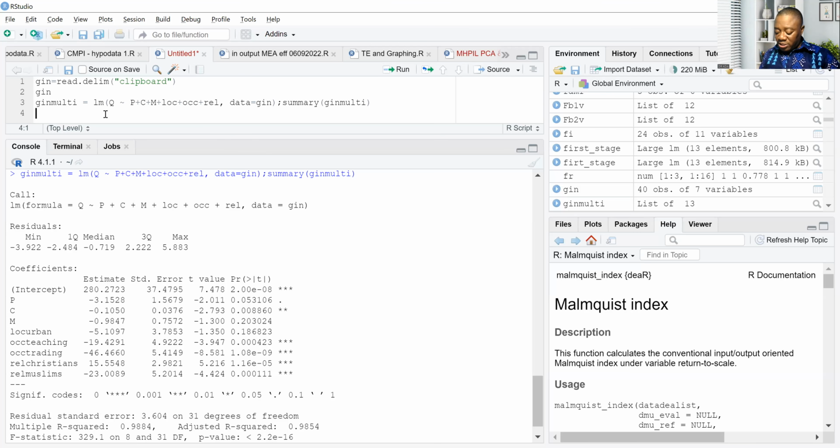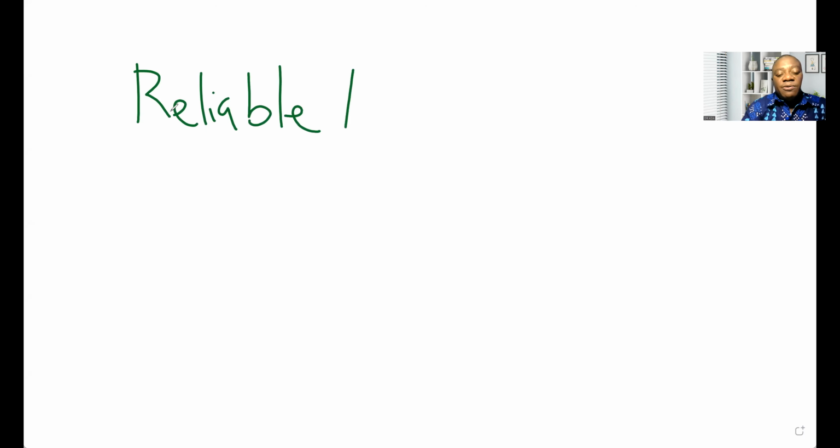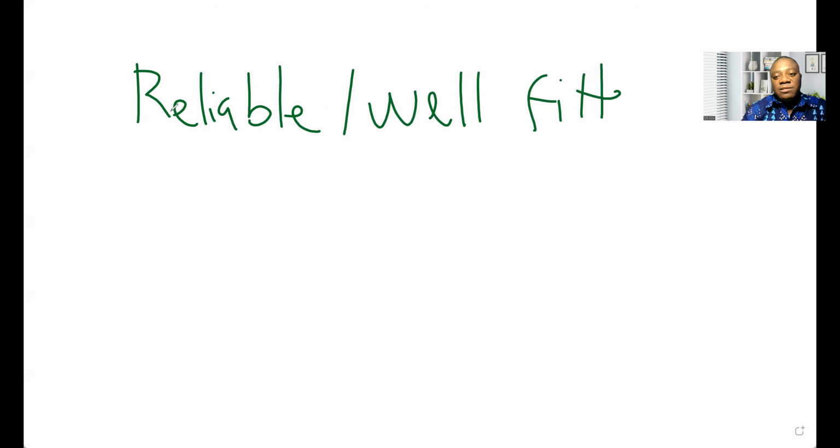Okay, so the first question is this: Is the regression model reliable? Another way of saying this is, is the regression model well fitted?